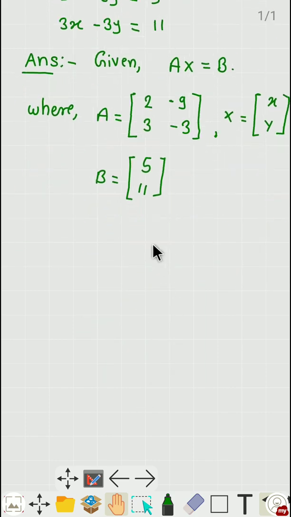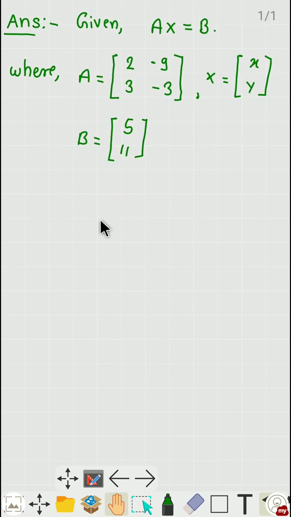Now let us write the determinants. The first determinant I would like to write is D. D means the determinant of matrix A. D is equal to the determinant of matrix A, which is 2, minus 9, 3, minus 3, and we know how to calculate this determinant.